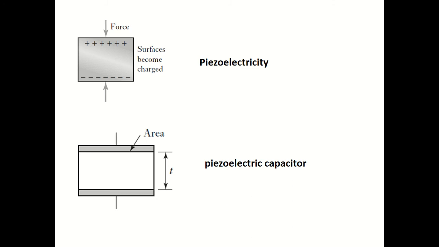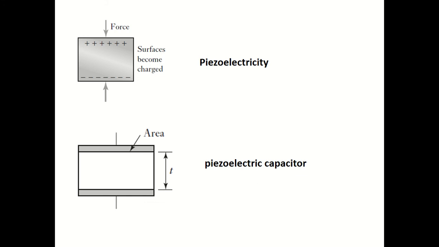You can see that in the top figure. When subjected to an external pressure or force, one side has positive charges and the other side has negative charges. The surface becomes charged. So what will be the end result? As a result, a voltage is produced.